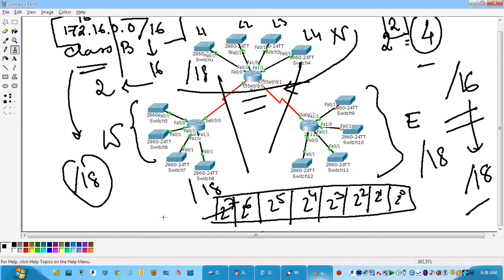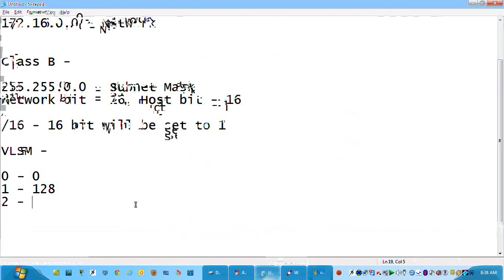So 2 to the power 7 means 128. This will be 64. So if one bit is set to 1 and all remaining bits are 0, it will be 128. In that way, if it is 1 1 and the remaining bits are 0, 128 plus 64, it will be 192.